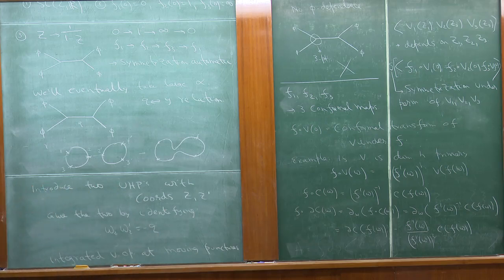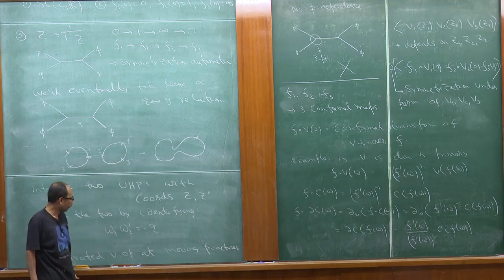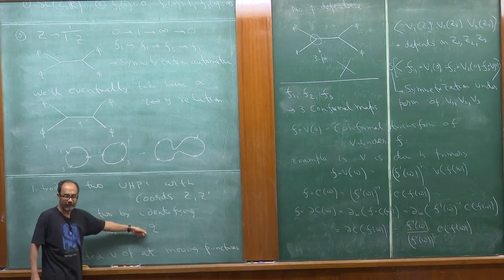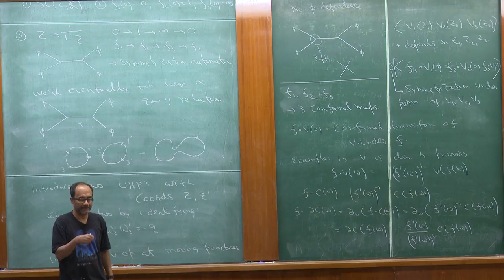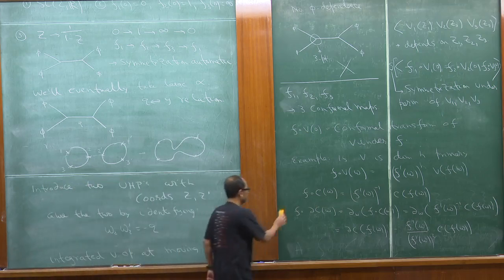So the claim is that connecting these two by a propagator and summing over all states generates a new disk, now with four punctures, where they are identified by W2 W2 prime equal to minus q. The z's are functions of the w's, so the w's can be inverted to be written as functions of z. I will write this here.